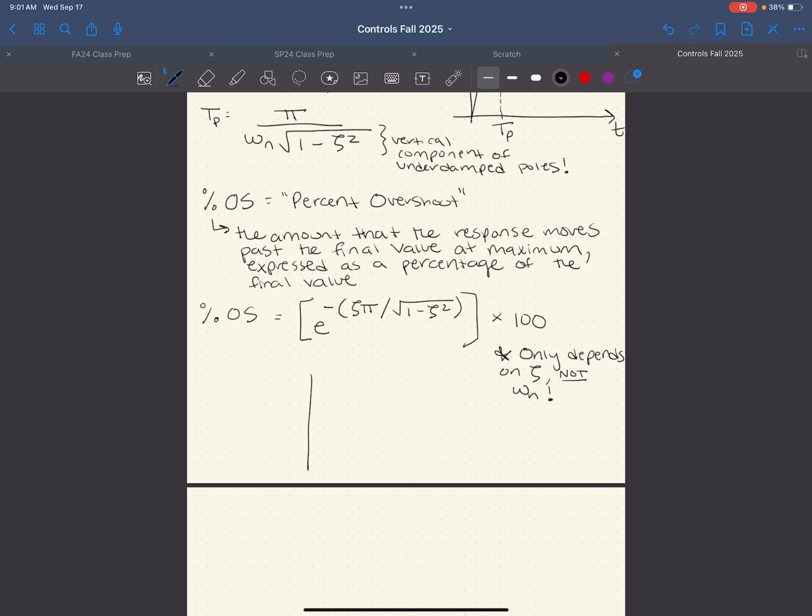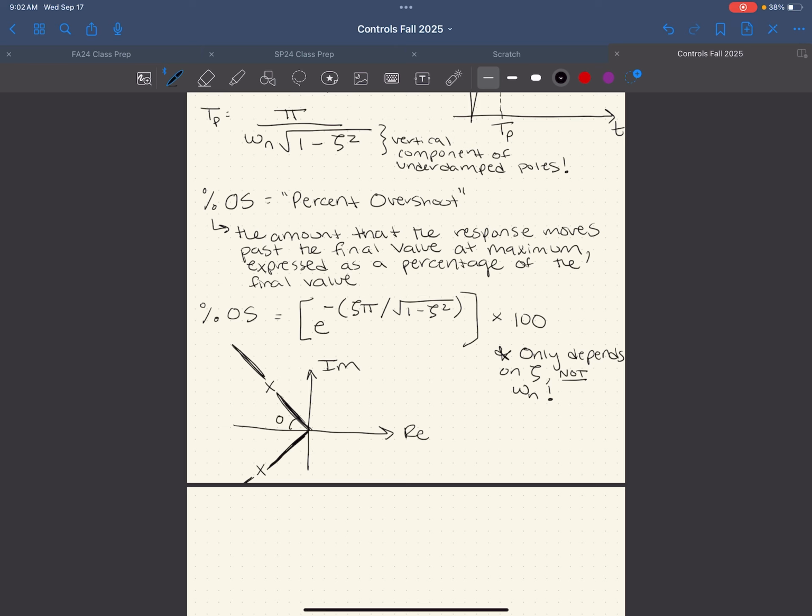Now let's go back to our pole zero map real quick. One thing that's going to be important to note is what are the locations on this map that have a constant zeta value? It turns out that the constant zeta values are defined on these lines extending from the origin. So graphically speaking, any poles that lie on these same lines will have a constant damping ratio.